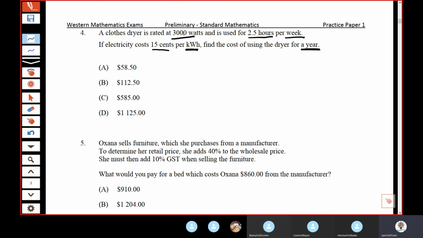This would be my math. 3,000 watts over 1,000 gets me 3 kilowatts. Understood? And then it's pretty easy from there. 15 cents, so 0.15 times 3 times 2.5 hours per week times 52 weeks in a year. It's a whole lot of multiplying.